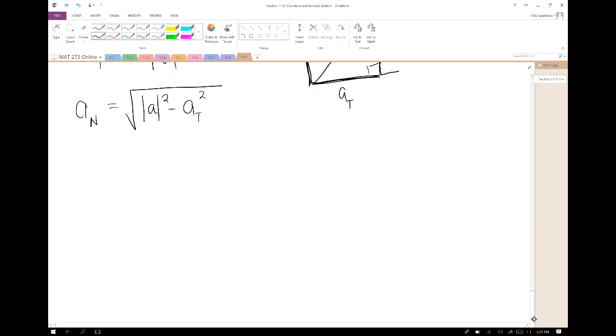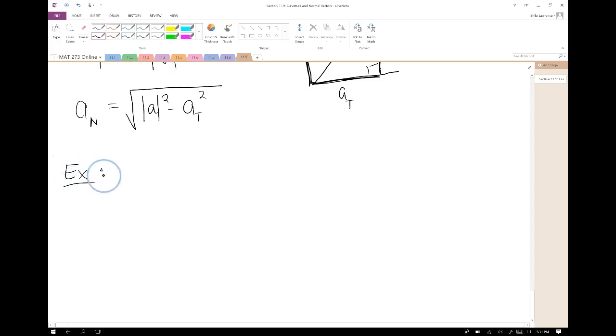Because remember, a sub t measures change in speed, a sub n measures change in the direction. So if a sub n is really large, that means at that point in time, our direction is changing a lot. And if direction is changing, that means we're in a curve. If a sub n is 0, that means our direction is not changing at all. That means we're traveling in a straight line.